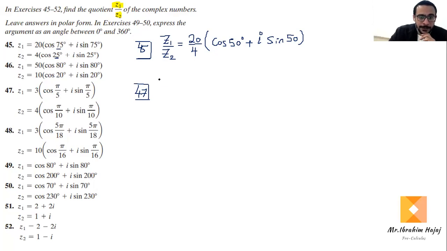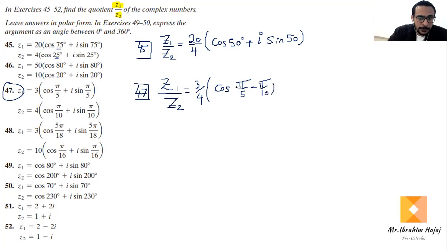Z1 over Z2. Simple questions. Would you like to solve? Okay. Yes, Muhammad, can I solve? Oh, yeah. Okay, 3 over 4. 3 over 4. Bracket, then pi over 5 minus pi over 10, plus i sine pi over 5 minus pi over 10.